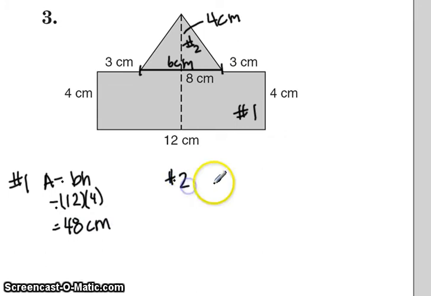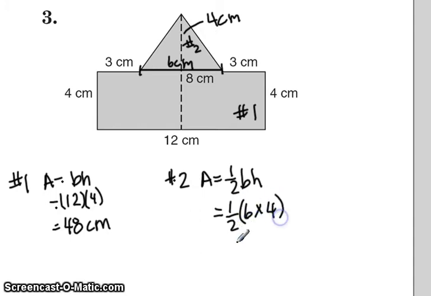Okay, shape number 2 is a triangle, so I need to know this formula. That's why it's kind of important to know your formulas so it doesn't slow you down a little bit. 1/2, my base is 6, my height is 4. Filling it in like what we did today, solving for parentheses.